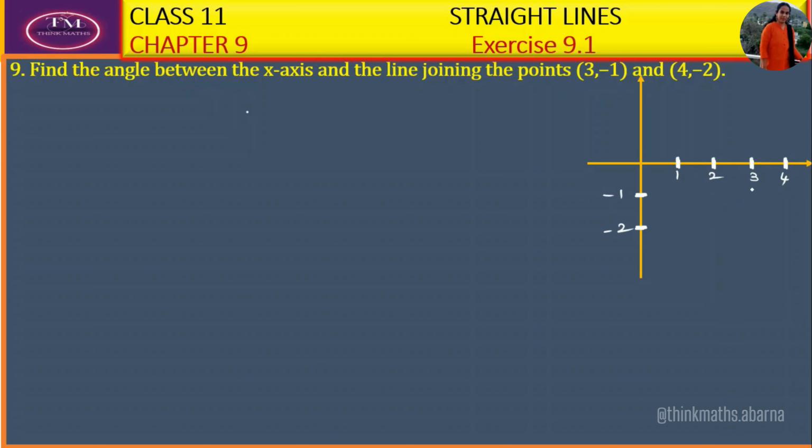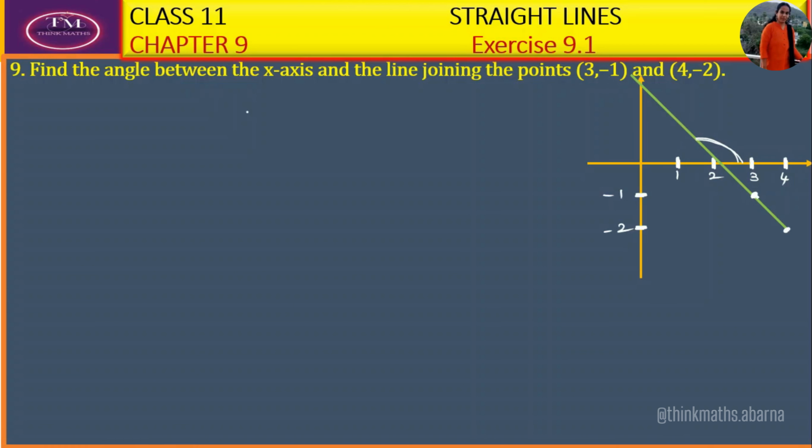So 3 comma minus 1 is here, and this is 4 comma minus 2. Let us join these points, and we have to find the angle between the x-axis and the line joining these points. So this is the angle.